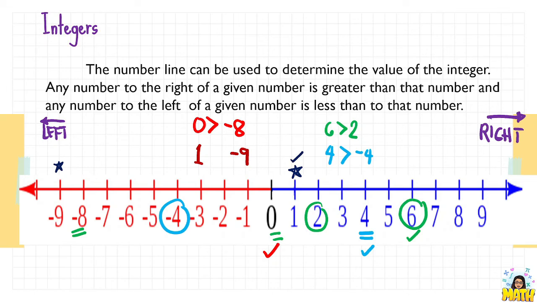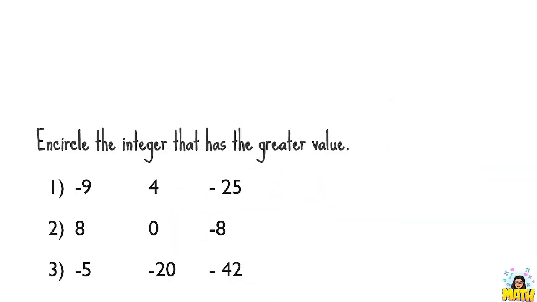So, alin dito ang mas nasa rightmost side? That's positive 1. Therefore, we can say that 1 is greater than negative 9. So, if we can visualize a number na nasa mas rightmost side, that has the greater value compared with the numbers on the left side. Okay? Let's have more examples.